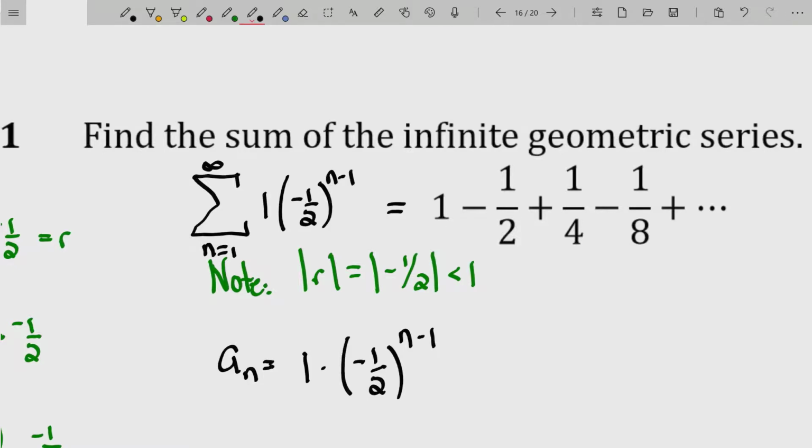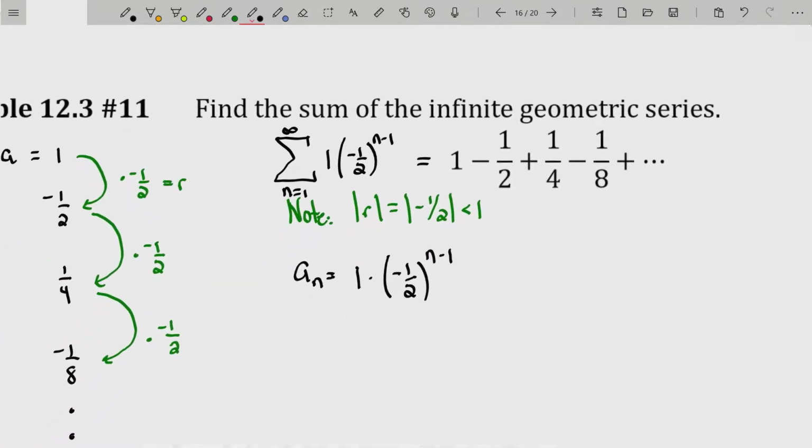It's the summation of our sequence. And we know, because the magnitude of our common ratio is less than 1, that it is going to converge.